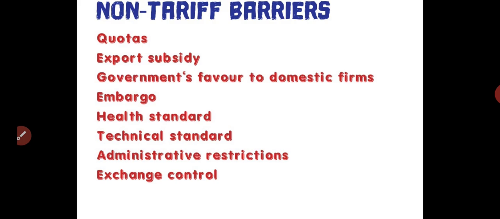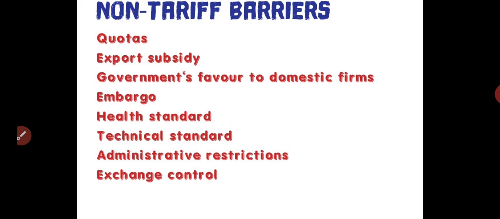First one is quota system. Quota system is a kind of restriction imposed on the limit up to which the commodities can be exported or imported. So when we import pairs of shoes from a foreign country, the central government may impose a quota system for the import of pairs of shoes.